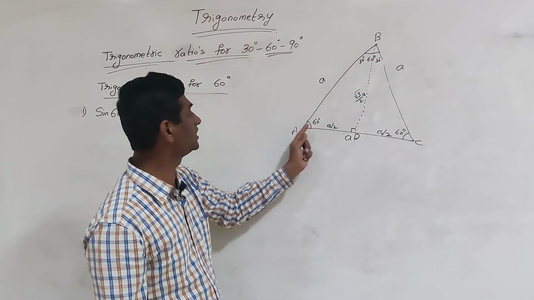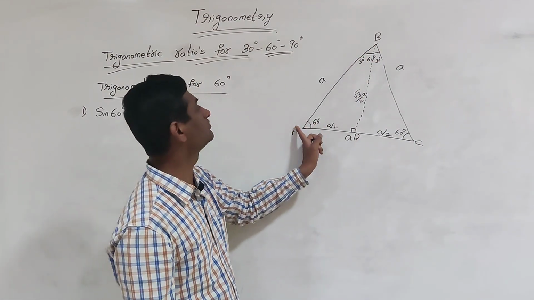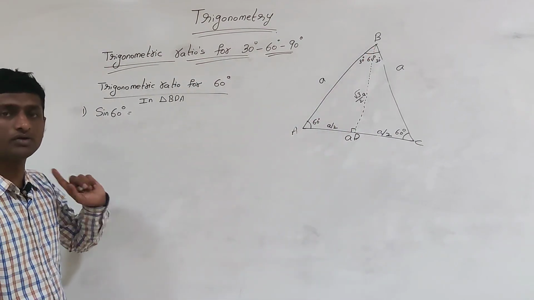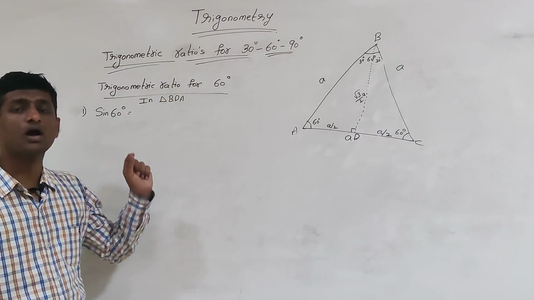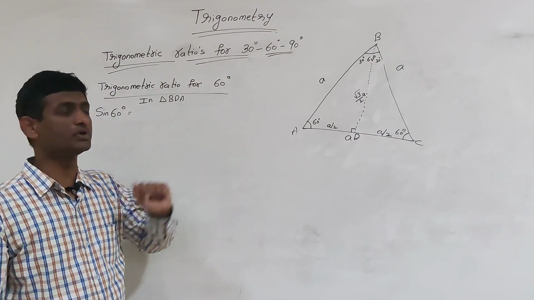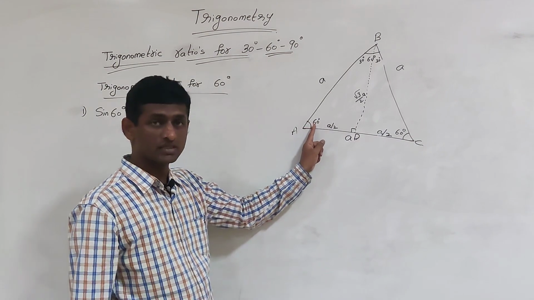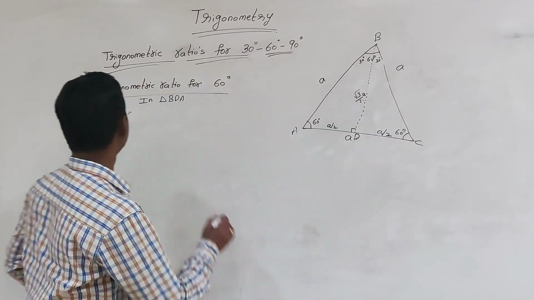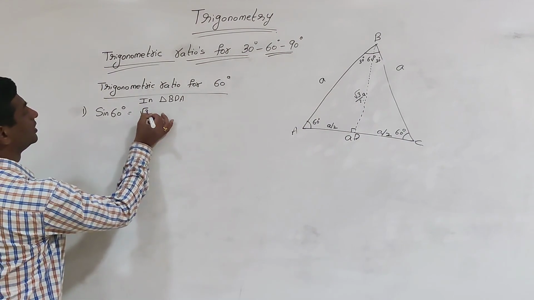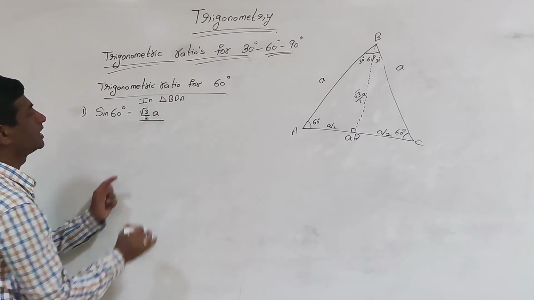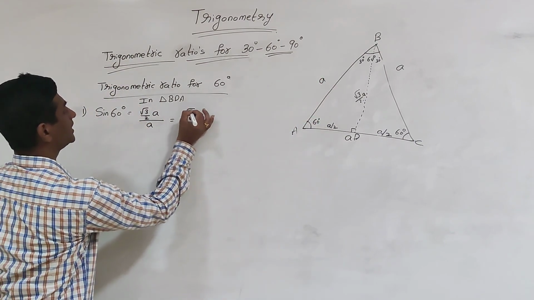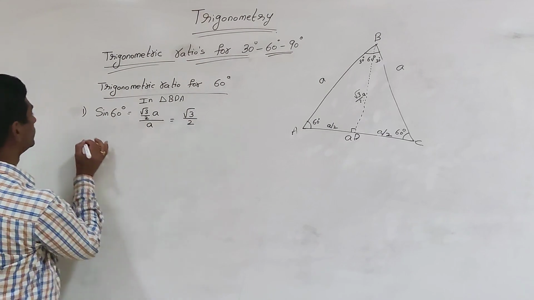Adjacent side of 60 is AD, and the hypotenuse will be AB. Now, as per the standard notation, sin theta is opposite side of theta by hypotenuse. For us, 60 degrees, the opposite side is BD. But what is the length of BD? Root 3 by 2 a, by hypotenuse, it's a. So a gets cancelled, and sin 60 will be root 3 by 2.